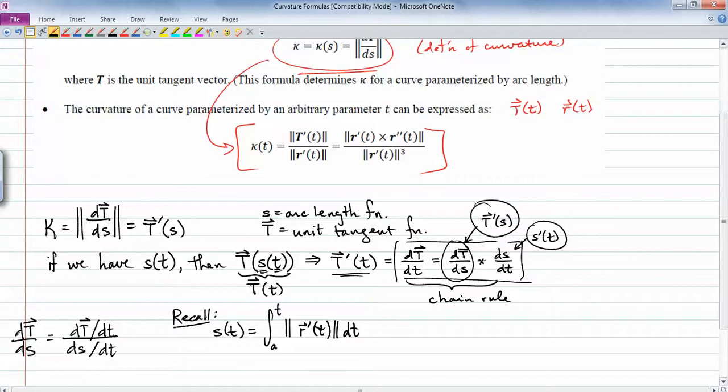I'm going to switch out the t's inside with a dummy variable. So it's still a to t, because that's what the function is based on. So if I switch it out, it's the magnitude of r prime of u du, and that's s of t.